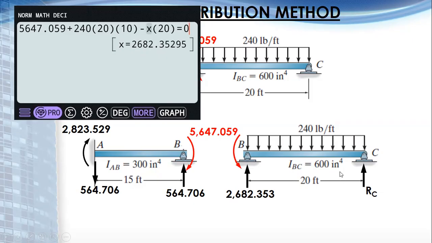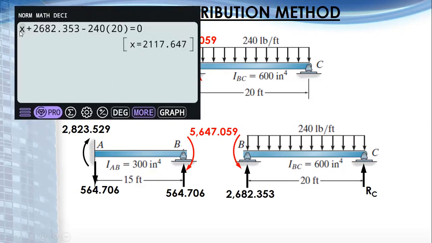And lastly, solve for RC. We sum up force vertical. And we have this. RC plus 2,682.353 minus resultant sa uniform load 240 times 20 is 2,117.647.